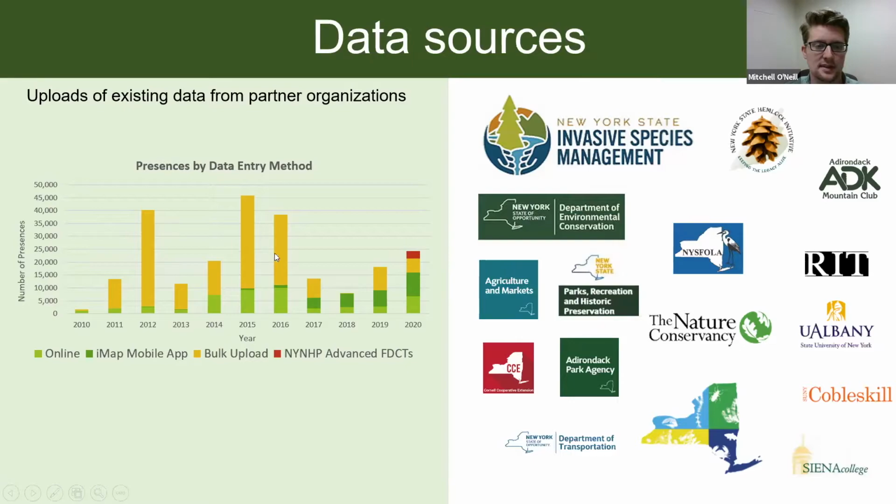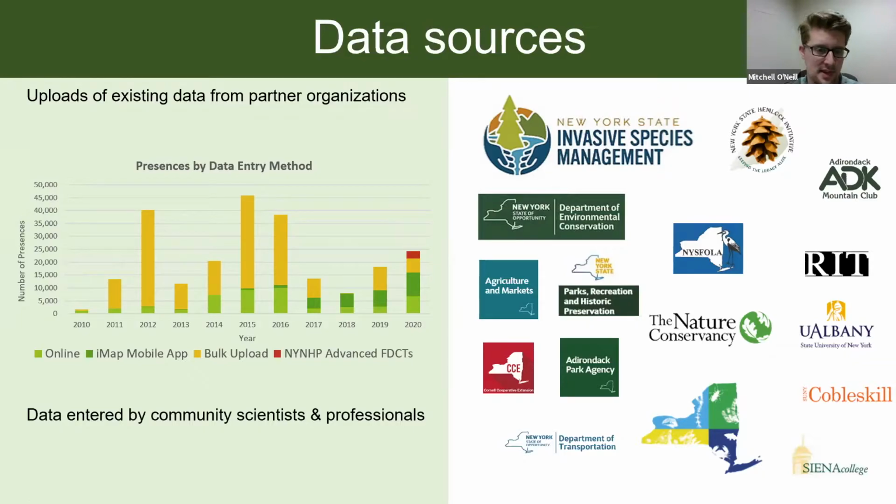So you can see that kind of is very large in the first several years, but goes down. And then these green bars represent data coming in through our mobile app and our online system, which have grown throughout the years. And we always like to recognize the many different partners, so the agencies, all of the PRISMs, universities, et cetera, who helped get iMap up and running and have also continued to support us.